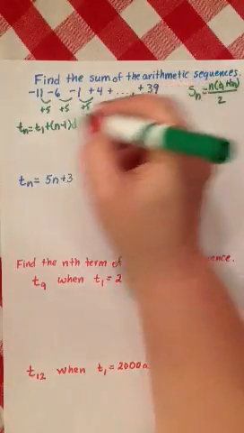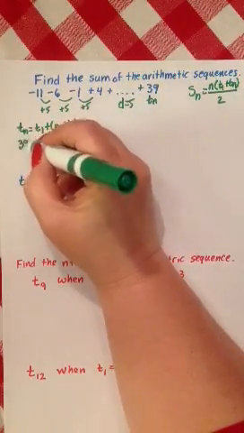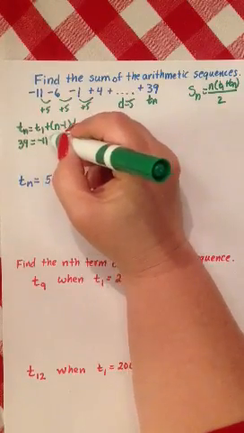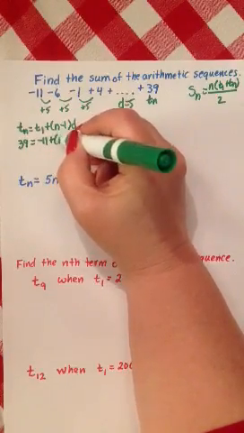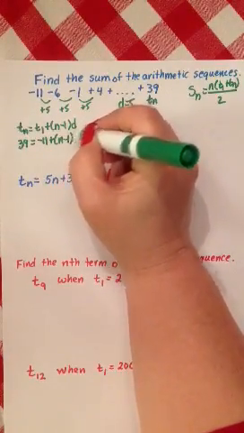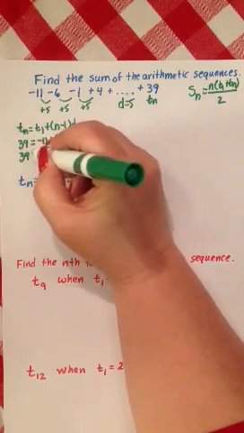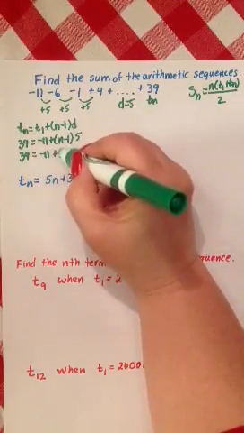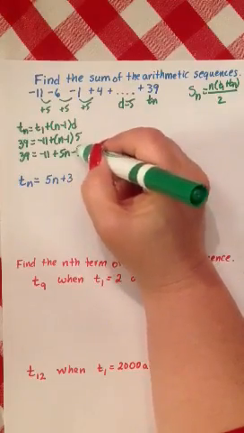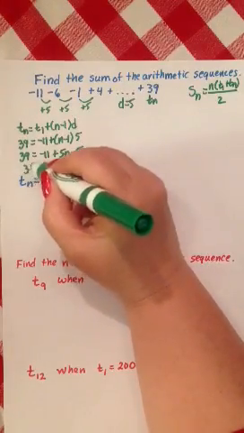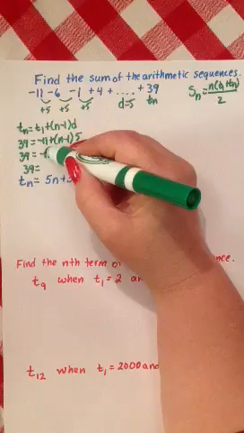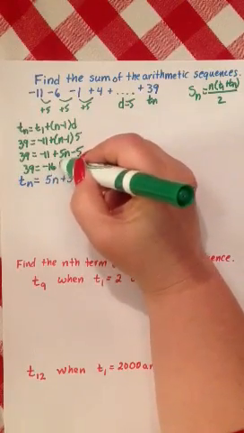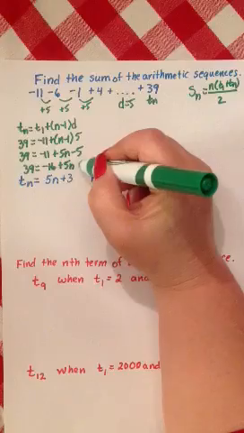And in my case, t sub n is 39. So 39 is equal to negative 11 plus n minus 1 times 5. Or 39 is equal to negative 11 plus 5n minus 5, or 39 is equal to negative 11 and negative 5 make negative 16 plus 5n.